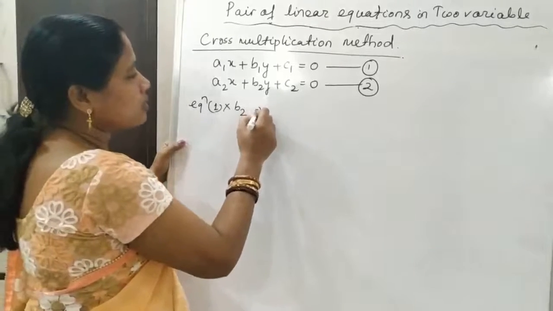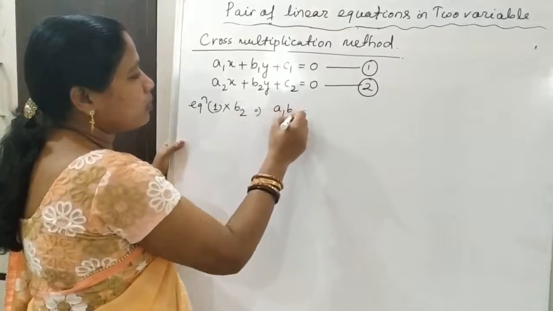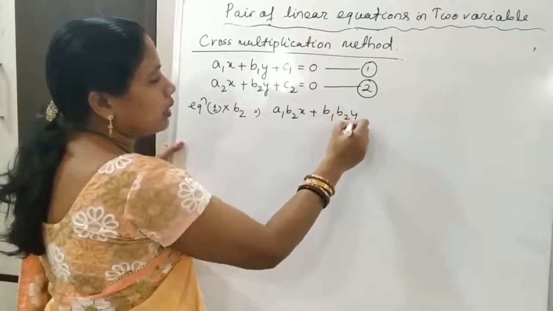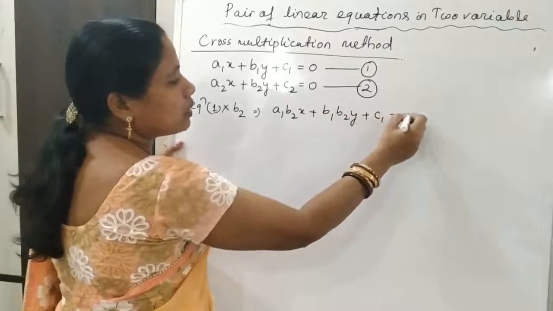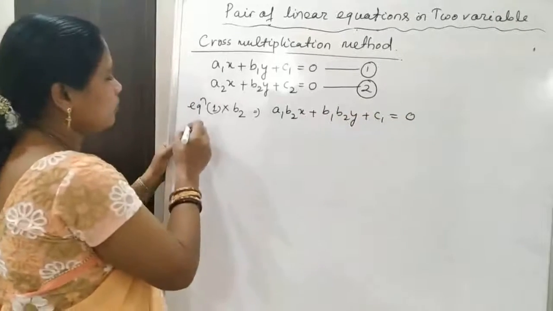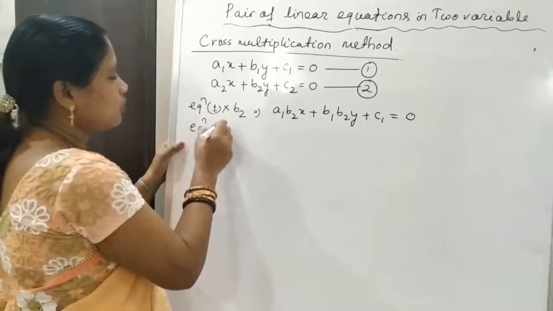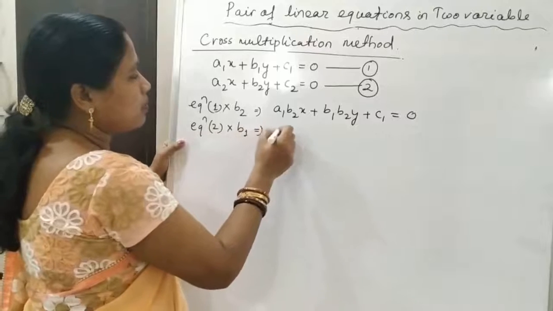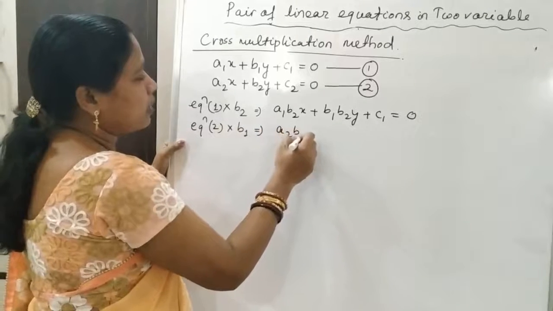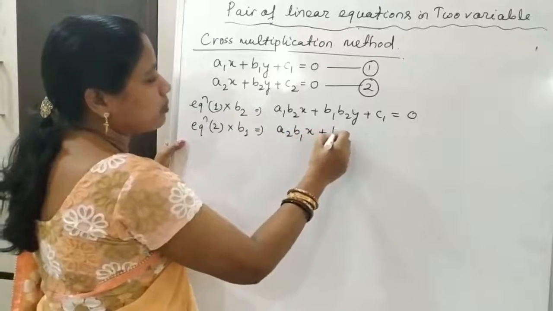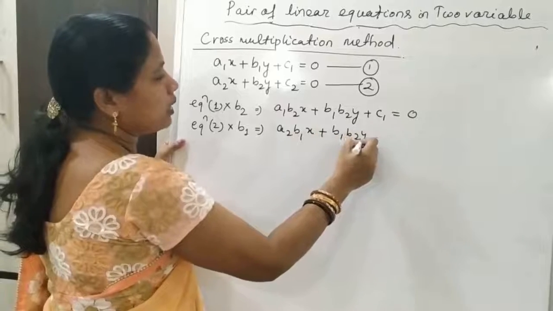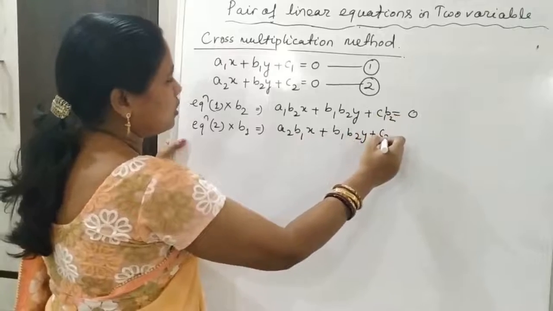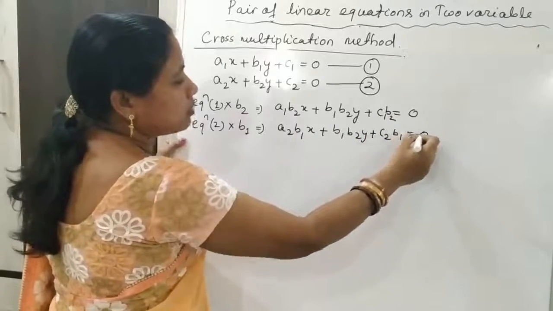So this becomes a1 b2x plus b1 b2y plus c1 b2 is equal to 0. Then equation 2 multiplied with b1. So this implies a2 b1x plus b1 b2y plus c2 b1 is equal to 0.